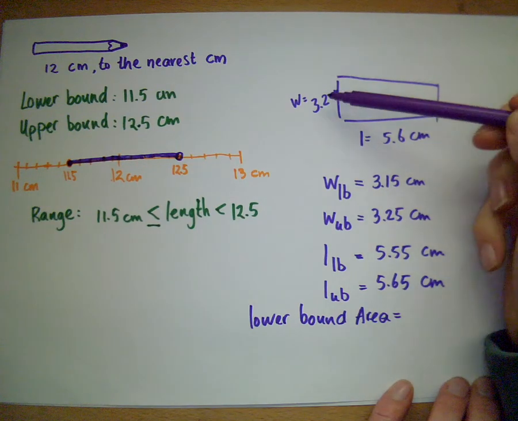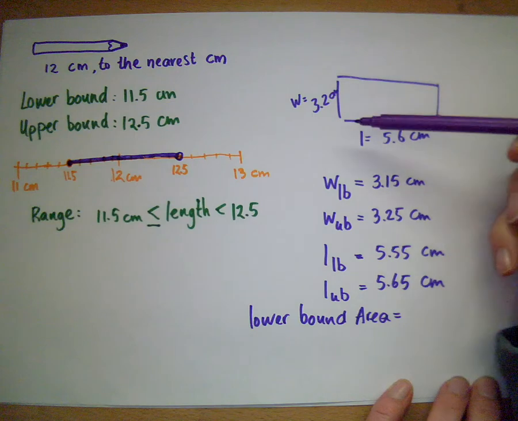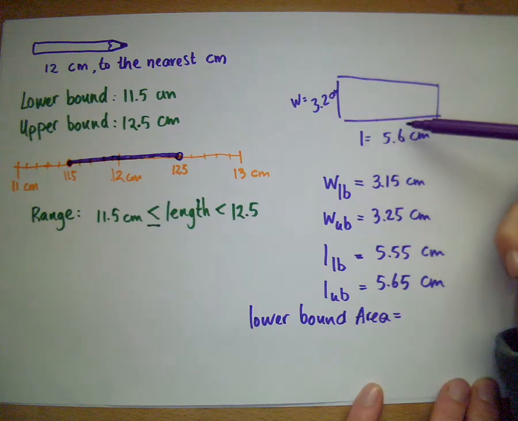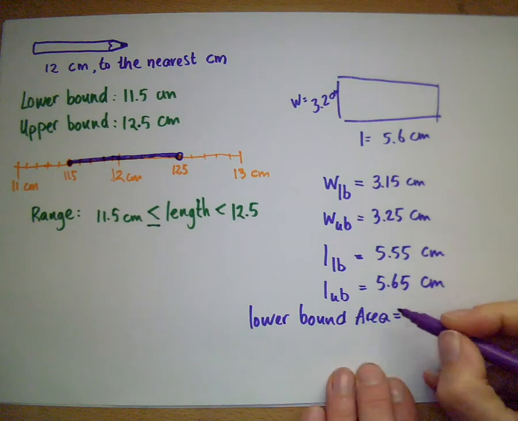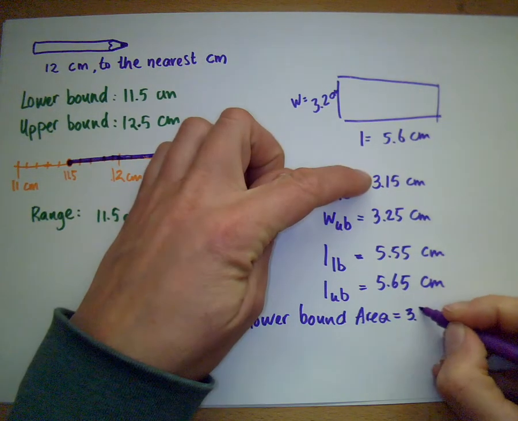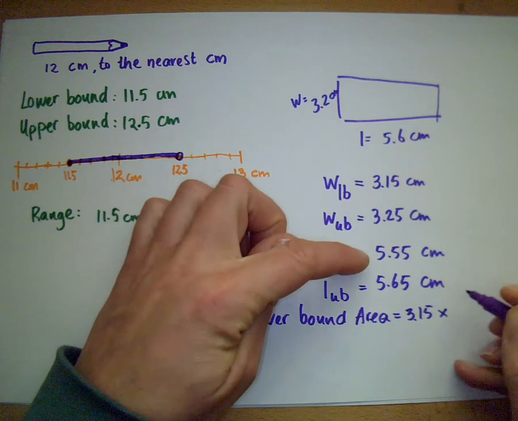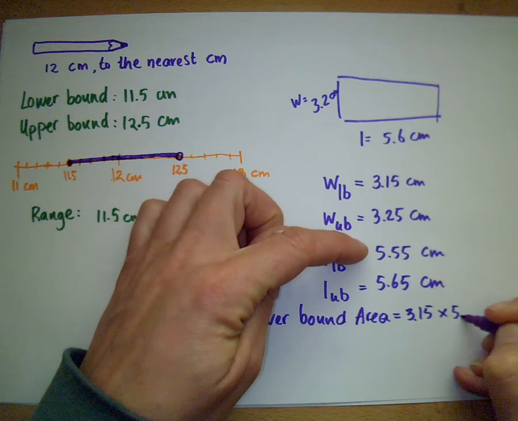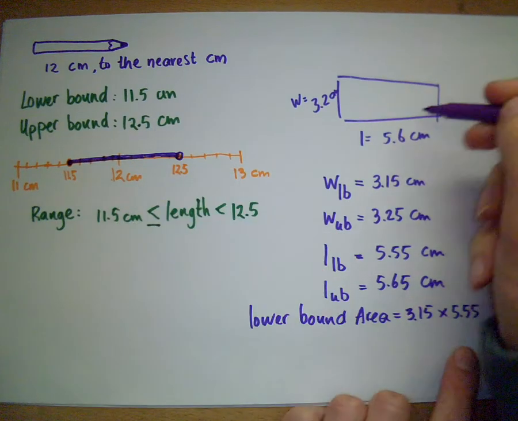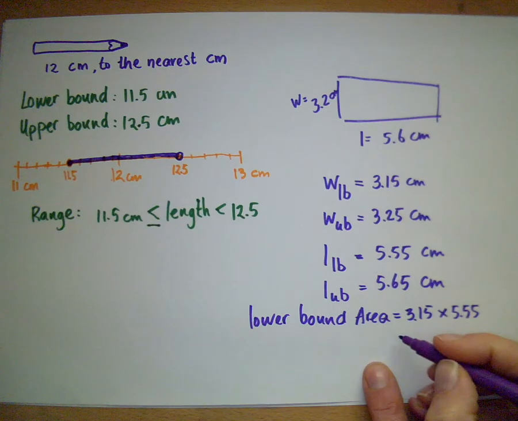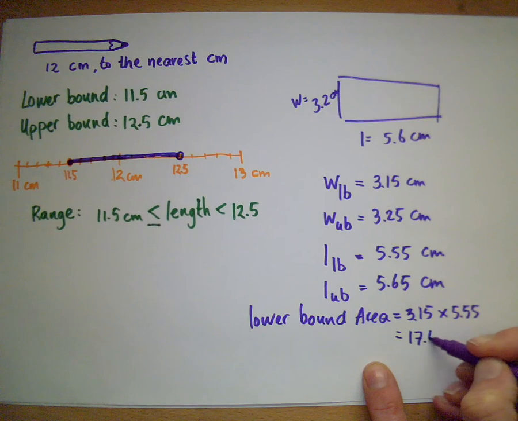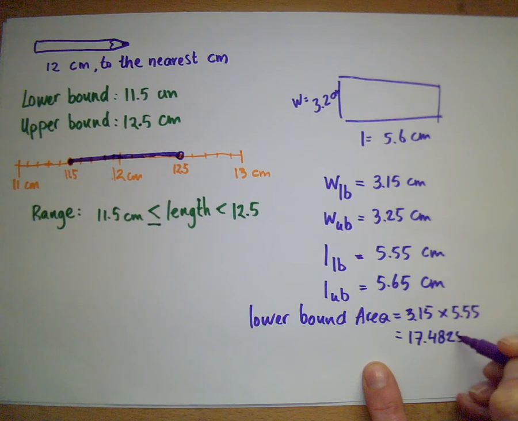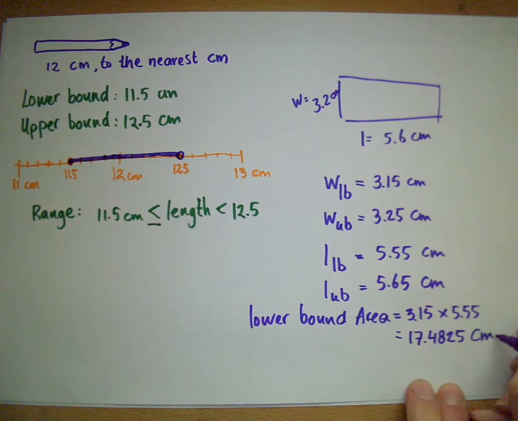That would be if the width was at its lowest and the length was at its lowest. So we're going to take the lower bound of the width and the lower bound of the length, which is 3.15 times 5.55. We multiply the numbers to get the area, right? And this would be 17.4825 centimeters squared. That is the lower bound.